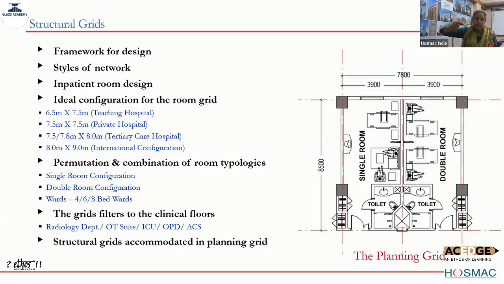The first element which decides a hospital grid size is the inpatient room. Inpatient room is where the patient is held for the night, or nights or days. And the strength of the hospital is determined by patients who stay overnight, which means that the number of inpatients give you the size of the strength of the hospital.